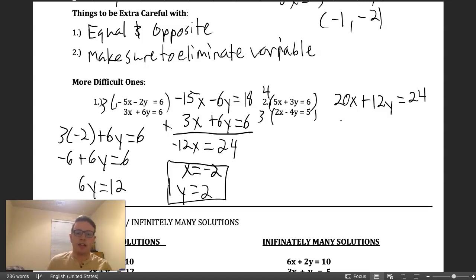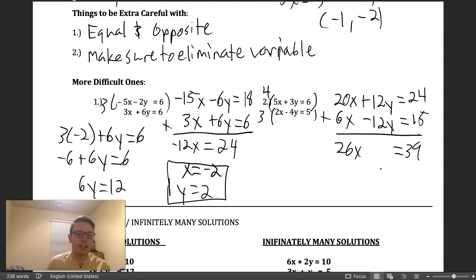And then we have 2 times 3 will give us 6x, minus 3 times 4 will give us minus 12y is equal to 15. Or when we add these together, we'll get 26x is equal to, what will this be? 39.